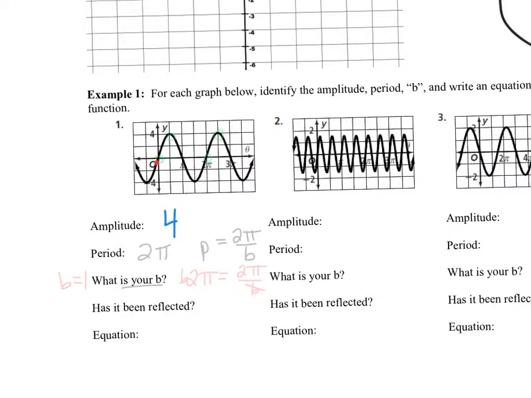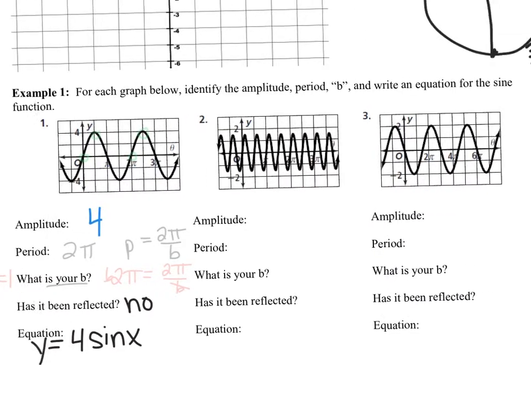If it started at 0 and went down, then it would be a negative function. So I'm going to write that it has not been reflected. And now I can use my equation. So my equation is going to be y equals 4, because that's my a value, and it's positive 4, sine of bx, and my b is 1, so it's just going to be y equals 4 sine of x.